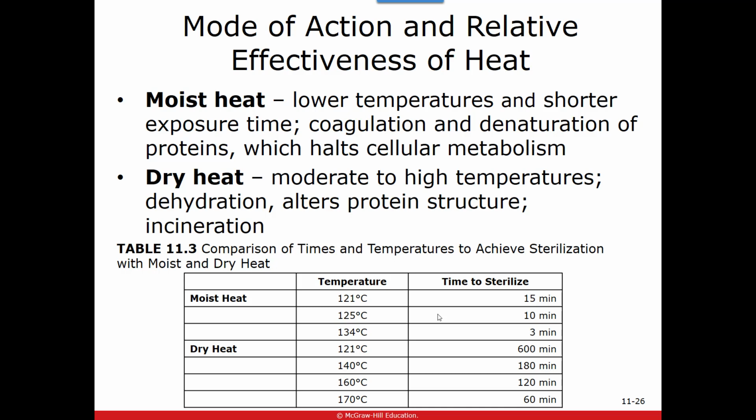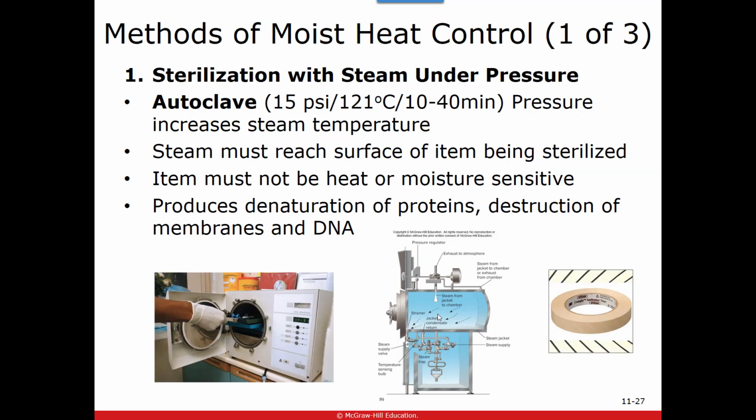Most common way we try to sterilize things in labs is using what's called an autoclave. We add pressure, which allows the air, the heat, and the water that's in there to create a really high pressure steam.